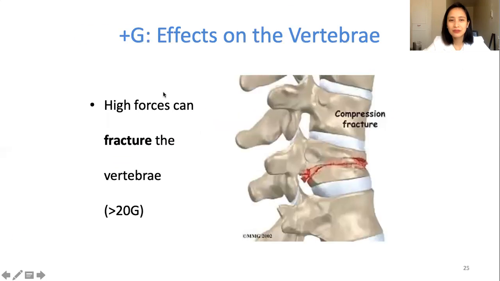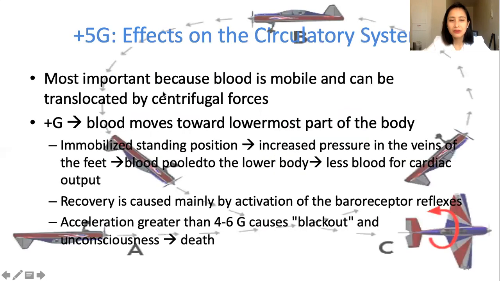Okay. The centrifugal acceleration effects. So if your body experiences positive 5G, what are the effects on the circulatory system? So just imagine, let's say you have this one. You see this one? This is a bottle with water.